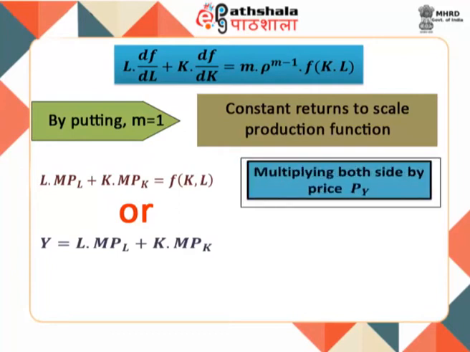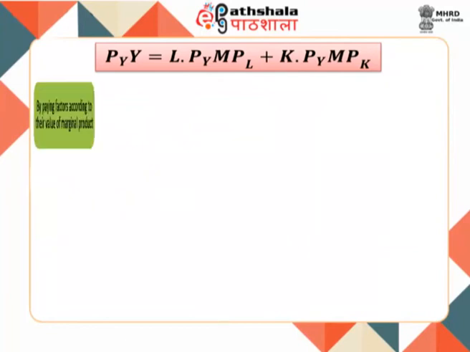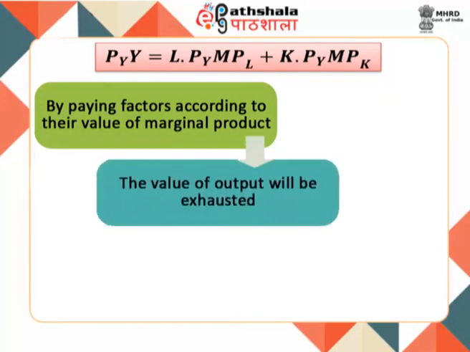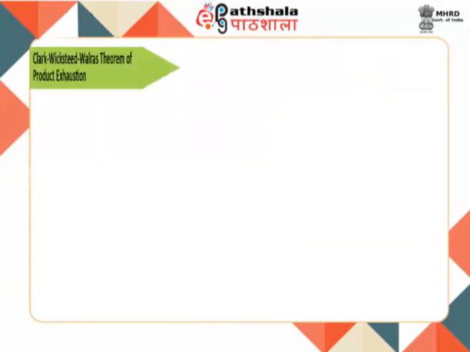Multiplying both sides by price Py, we have Py·Y = L·Py·MP_L + K·Py·MP_K. This implies that by paying factors according to their value of marginal product, the value of output will be exhausted. Hence, we prove Euler's product exhaustion theorem. This theorem is an identity as it is satisfied for all values of the variables.